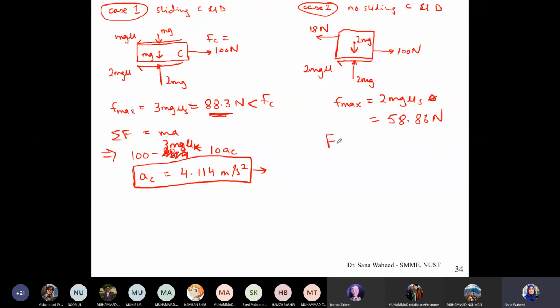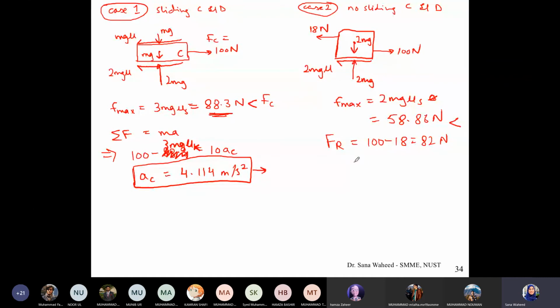And then the F to the right that I have is 100 minus 18, which is how much? 82 newtons. So again, the friction is turning out to be less than the applied force. That means even if I assume no sliding, I would still get that this entire thing will have, what's the word, an acceleration.